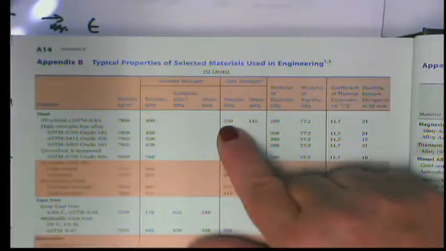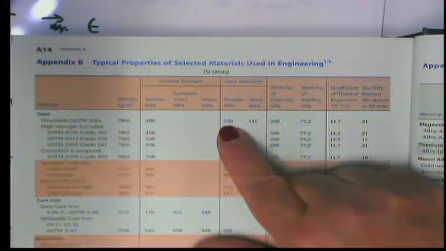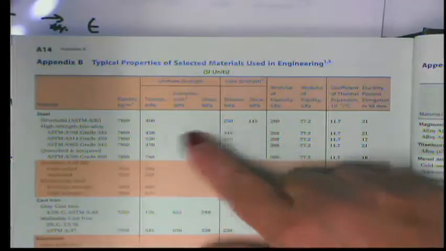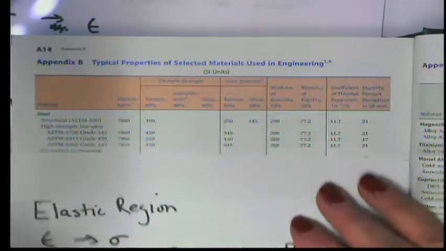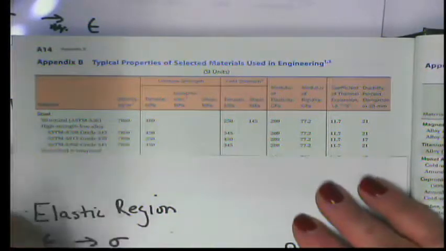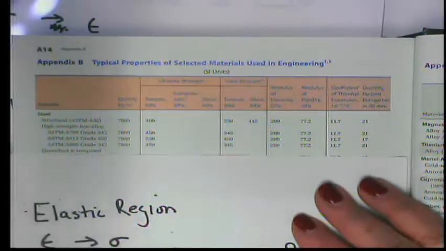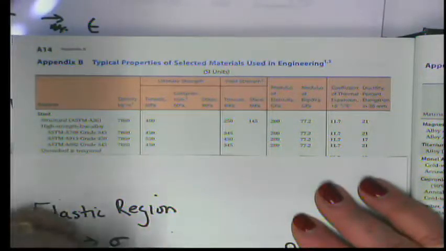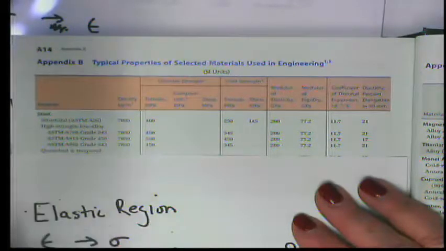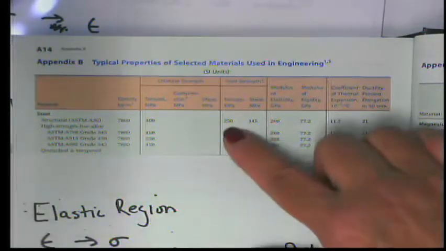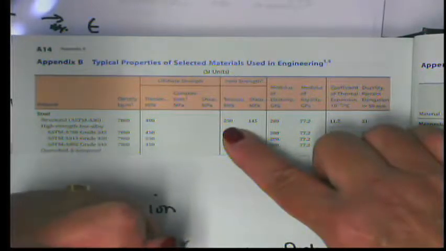So if you look at steel, for example, you'll see that my tensile yield strength is 250. Okay, so what that tells me, if I look at those two numbers, is that this is a ductile material. I'm going to yield here at 250, and then there's going to be some kind of period of ductility before it ruptures at a much higher sigma ultimate.